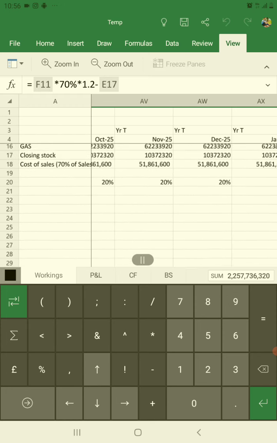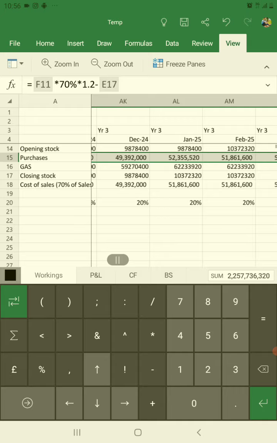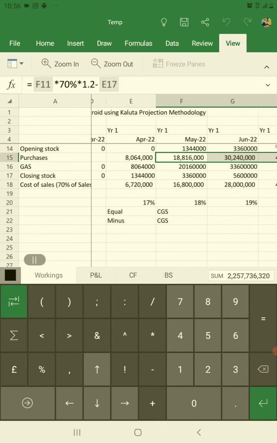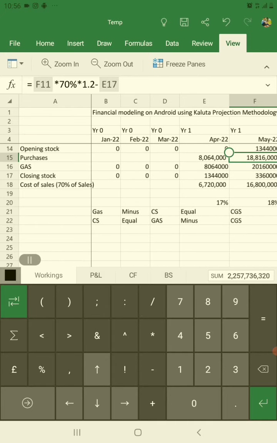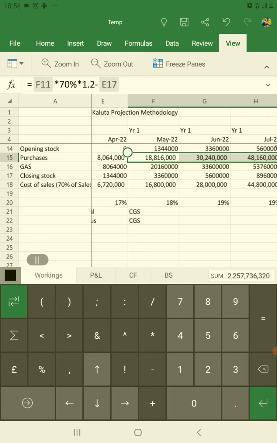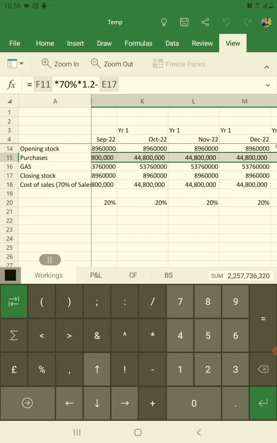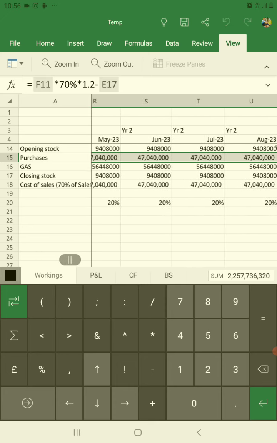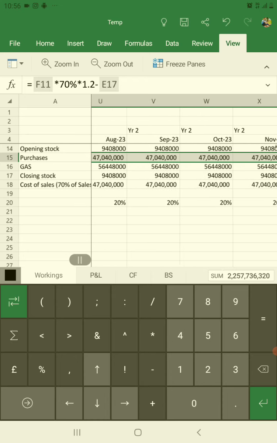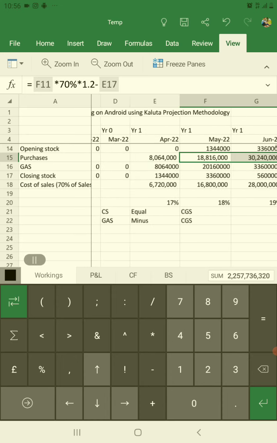Now after doing that, you can see my ratio of stock as a percentage of purchases has always been consistent. You see, it's always almost consistent. So this is exactly what I wanted to do.